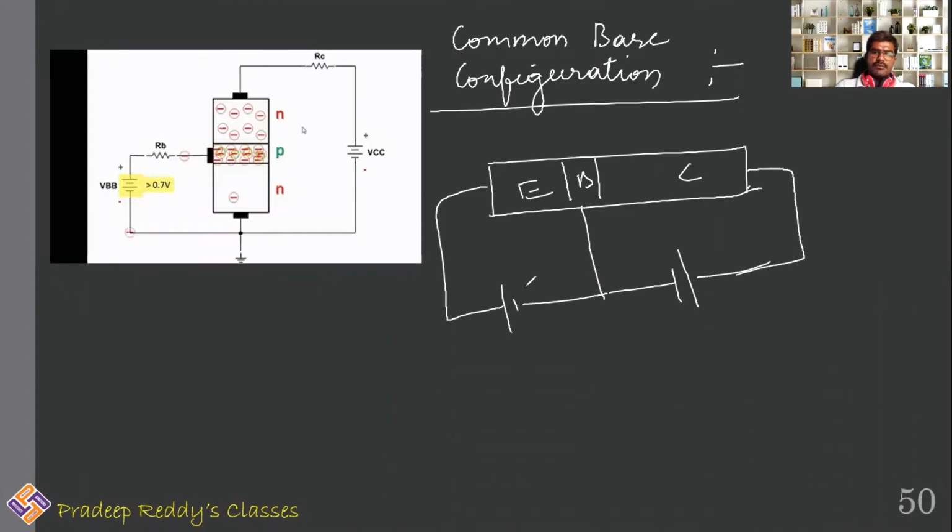This is forward bias. It is a PNP transistor, and this is also forward bias. As per your wish, you can connect it in both forward bias or reverse bias; that depends upon the utility. But here the base is common, right? This base is common for both the junctions, for P and P. For the emitter and collector, you are connecting the base in common. That's the reason why it is said to be the common base configuration.